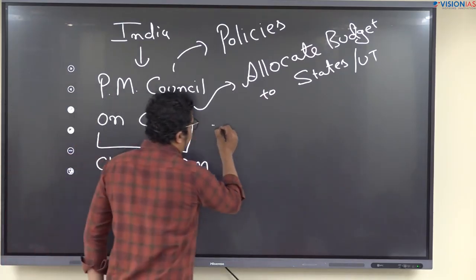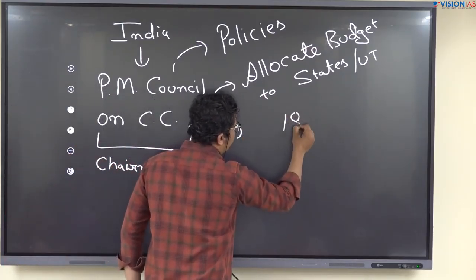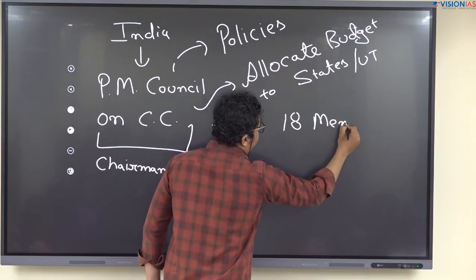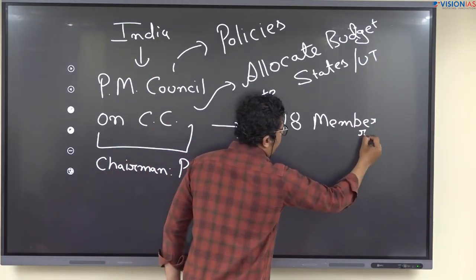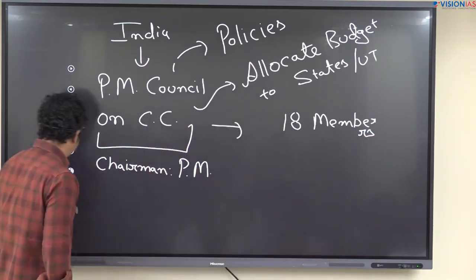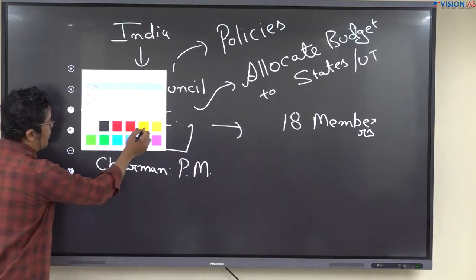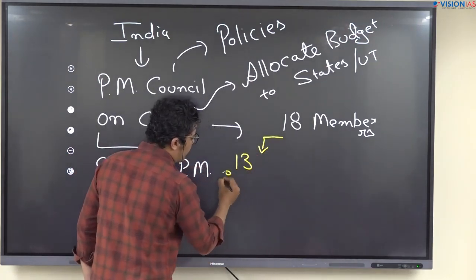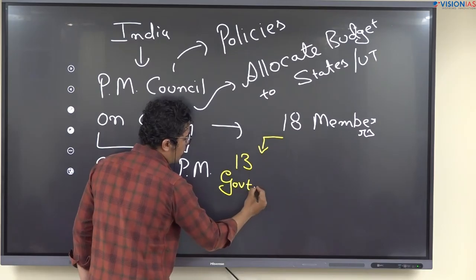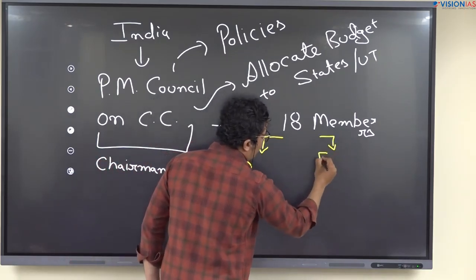PM Council has a total of 18 members. Out of those 18, 13 come from government and 5 come from the private sector.